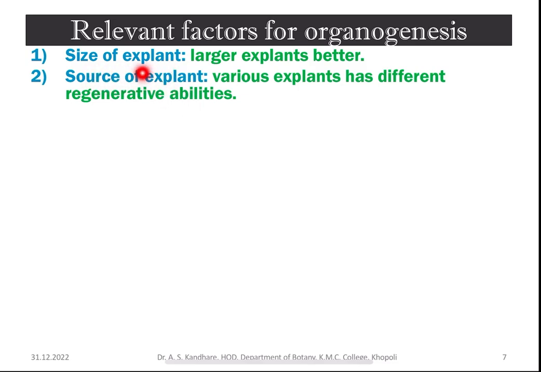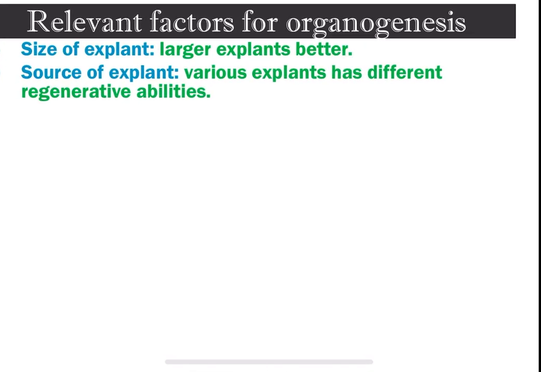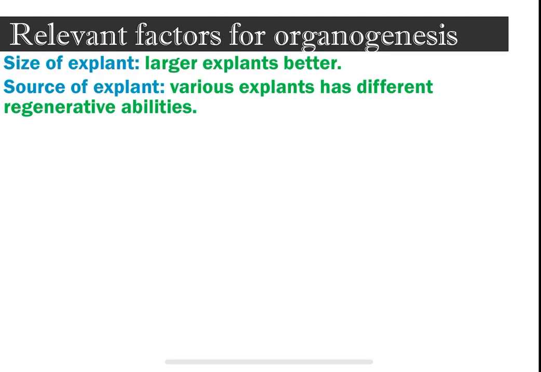Then source of the explant. The explant you are selecting is also very meaningful. Therefore source of the explant, isn't it, is important. Various explants have different regenerative abilities, isn't it? Some roots develop better organogenesis, some shoot or leaf cells are very suitable for organogenesis.